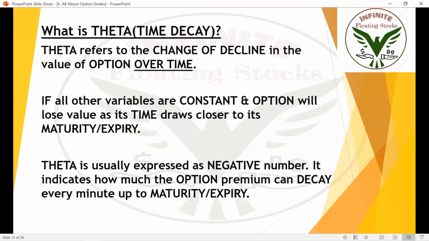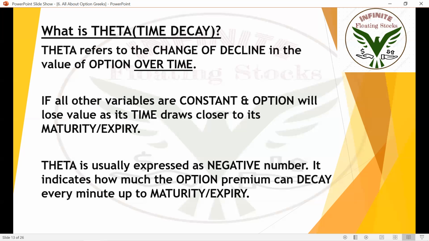Exactly. That's what happens with option premium as well. The value of the premium will decrease as days come close to expiry.